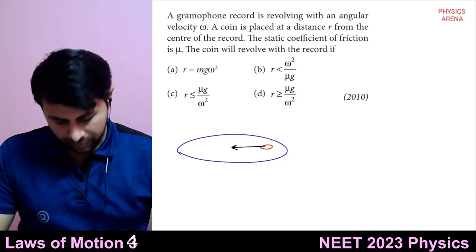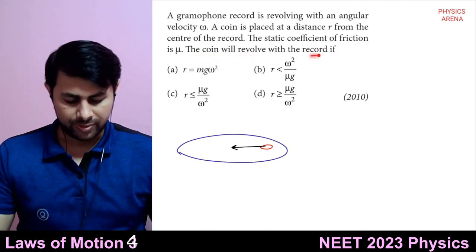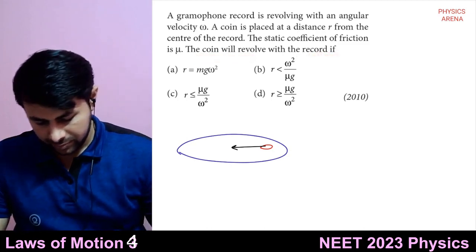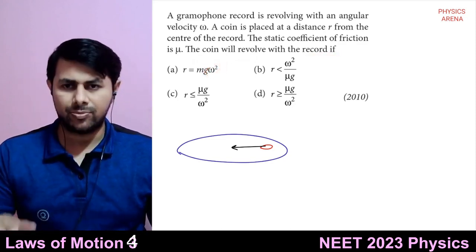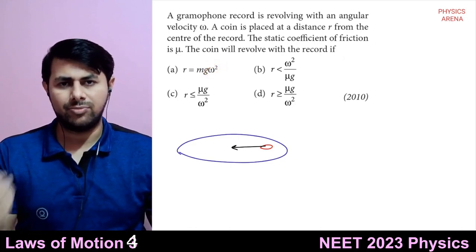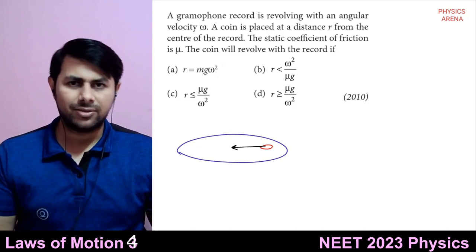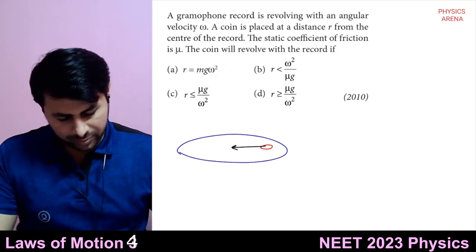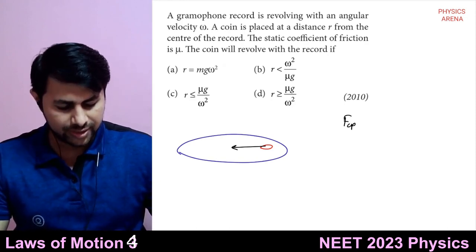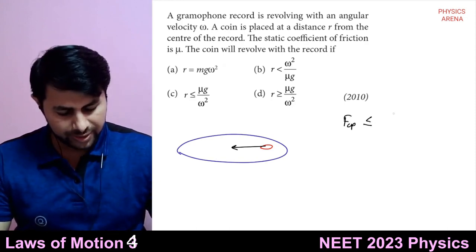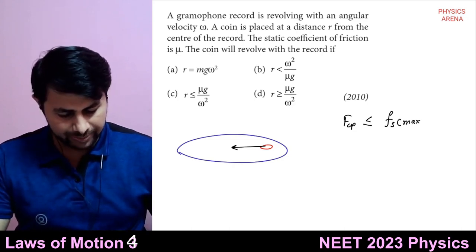So now the question is, the coin will revolve with the record if. There is some angular velocity omega. The centripetal force required for the motion must be less than the maximum value of friction. Then only it will revolve, otherwise it will skid. So we can say the FCP required is less than or equal to Fs max. What is FCP?